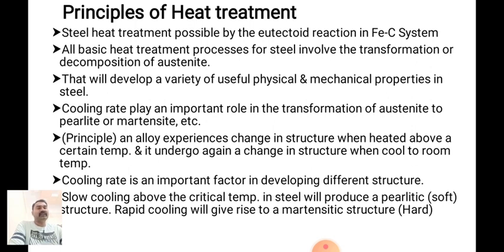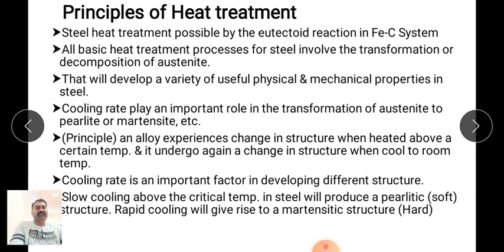Depending upon the cooling rate as well as the cooling medium, different phases occur in the steel component. So it is very important which cooling medium or cooling method we are using, because on that basis the different properties depend. That's why the cooling rate plays an important role in the transformation of austenite to pearlite or austenite to martensite.